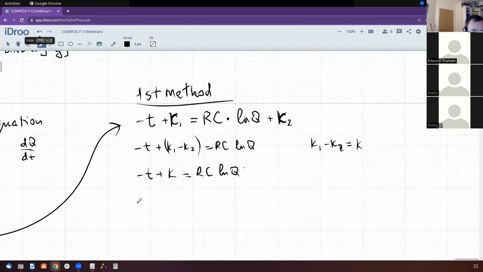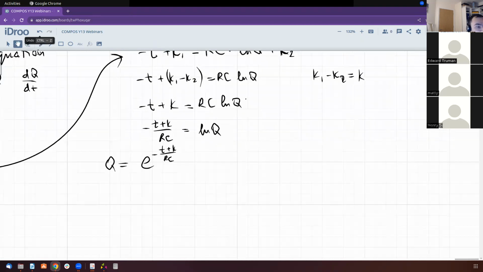We rearrange that. Minus t plus k over RC equals ln q. We found e to the power minus t plus k over RC equals q. And what is k?